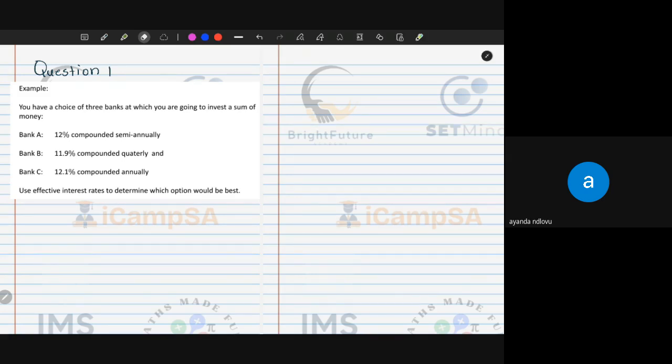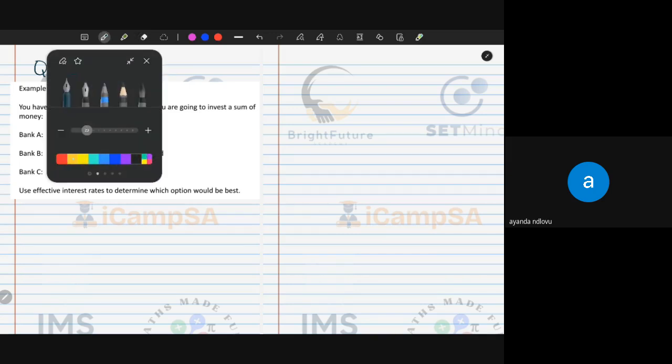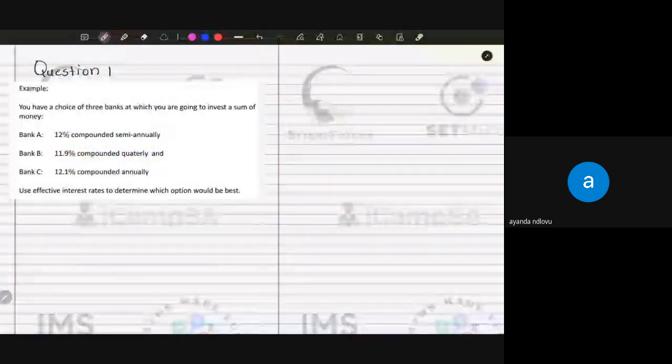So guys, if you look at this question here, you have 3 banks. They are offering you an interest rate. Do you all see that it's very close to each other? 12%, 11.9, 12.1. Now the question is, which one is a better deal? Before we do the calculation, do we have people who want to make a guess?